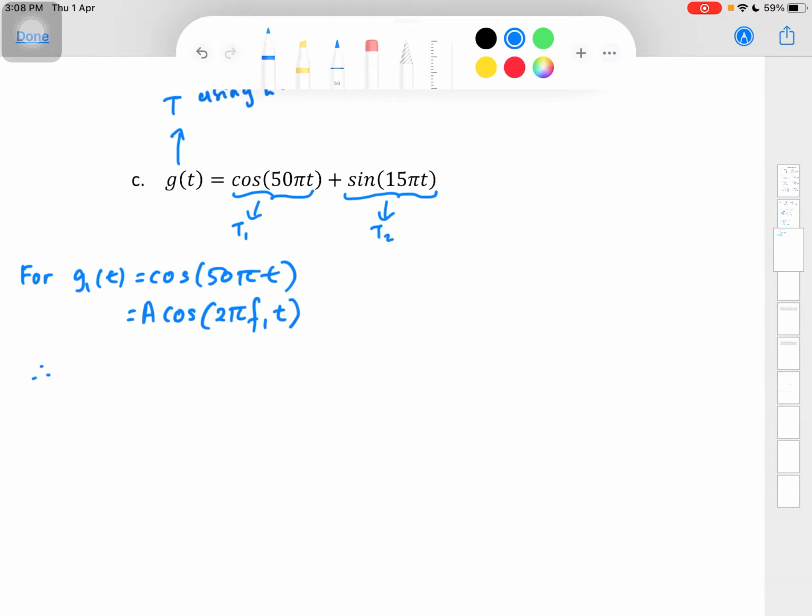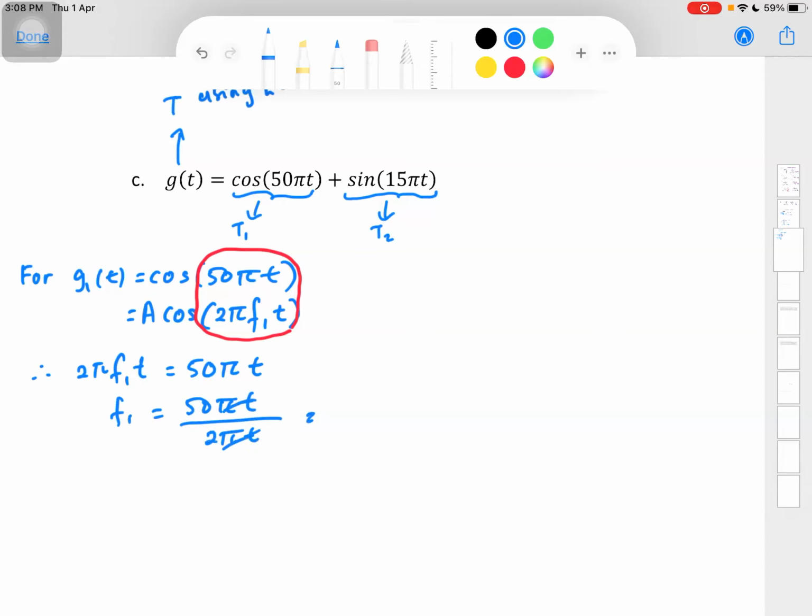So if we make the one in the bracket equal, we are going to have 2 pi f1 t equals 50 pi t. So f1 equals 50 pi t over 2 pi t. So I get 25 hertz. So T1 will be 1 over 25 second.